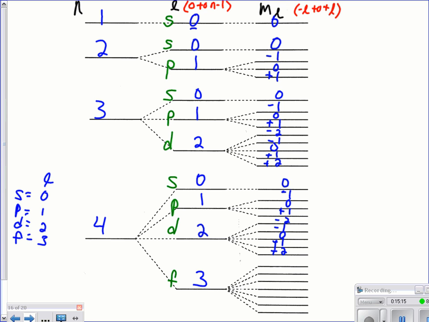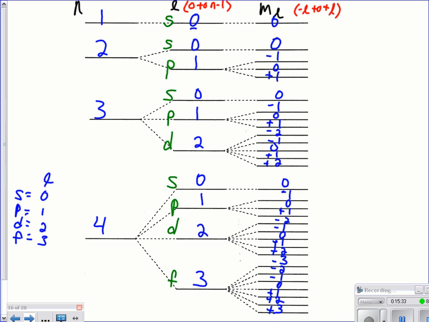And finally, if your L is equal to 3, your M sub L is equal to anything from -3 to +3. Okay, so there's our little tree diagram.